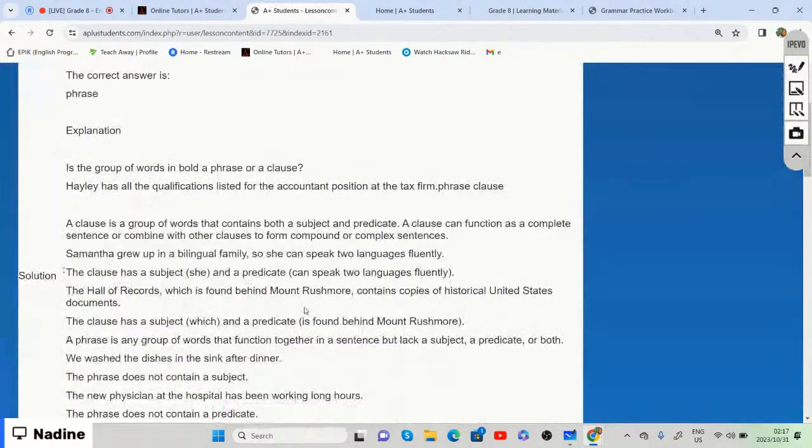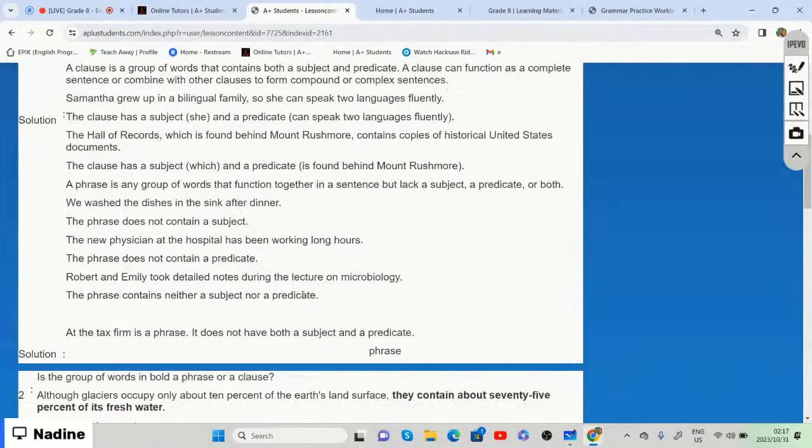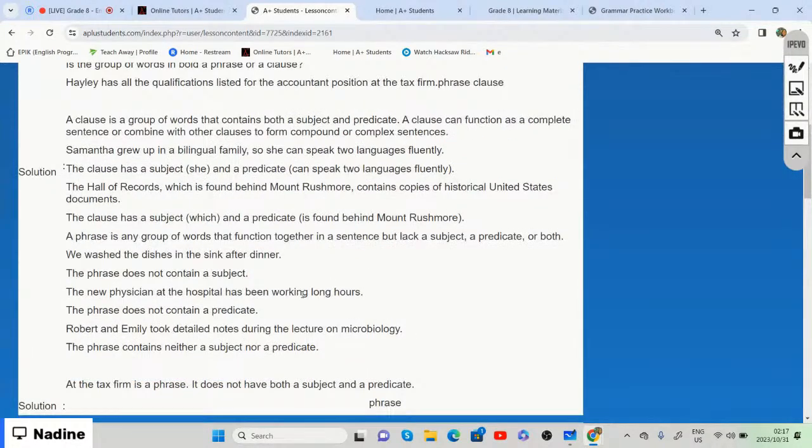A clause is a group of words that contains both a subject and a predicate. And a clause can function as a complete sentence or combine with other clauses to form a compound or complex sentence. For example, Samantha grew up in a bilingual family, so she can speak two languages fluently, which means that the subject is she and the predicate is can speak two languages fluently.